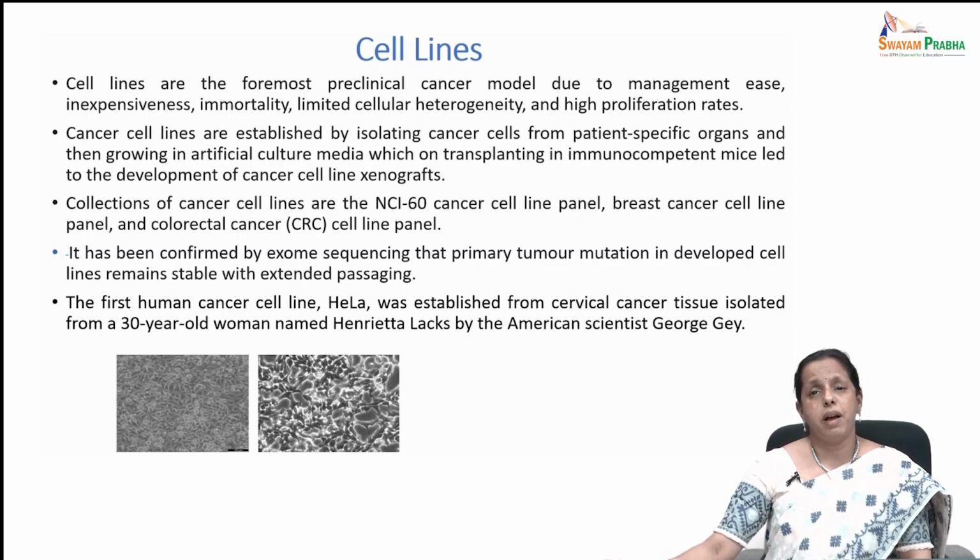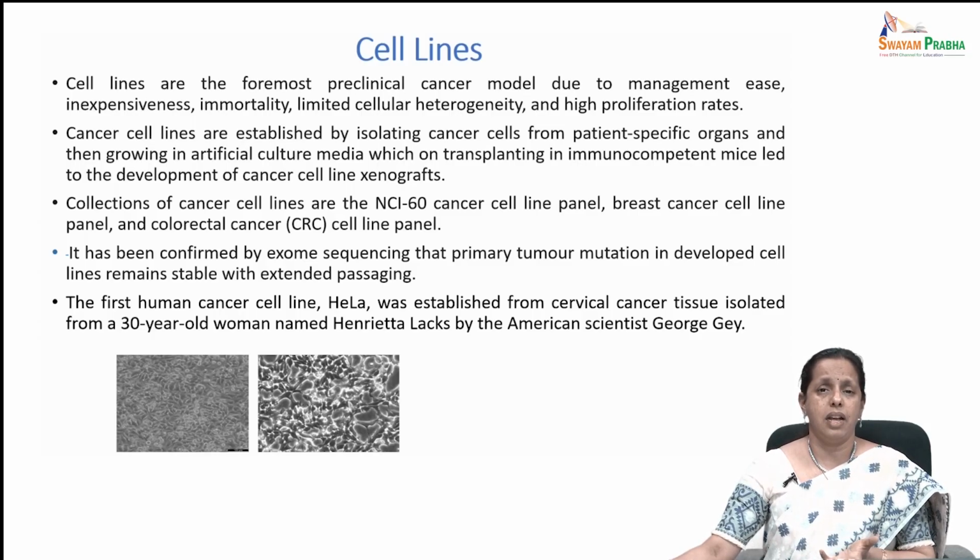They are established by isolating cancer cells from patient-specific organs and then growing them in artificial culture media. If these cell lines are put back into the immunodeficient mice, they lead to the development of cancer cell line xenografts.